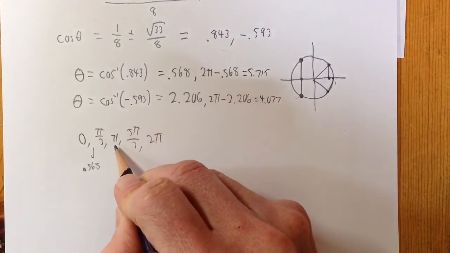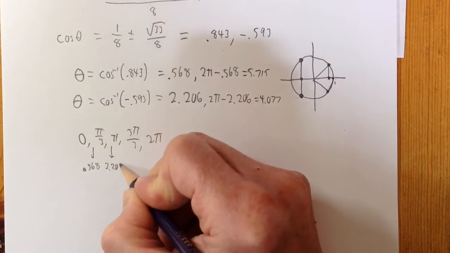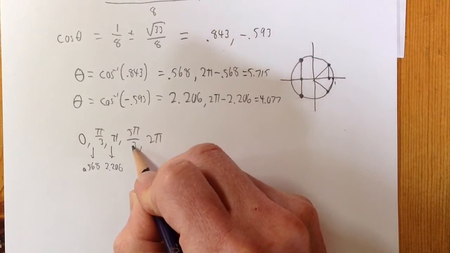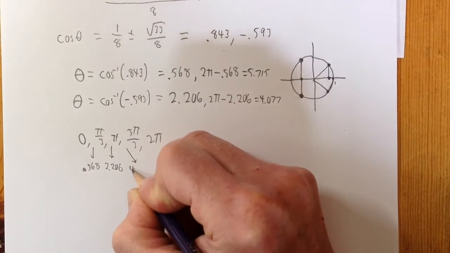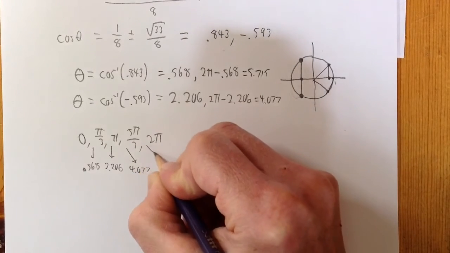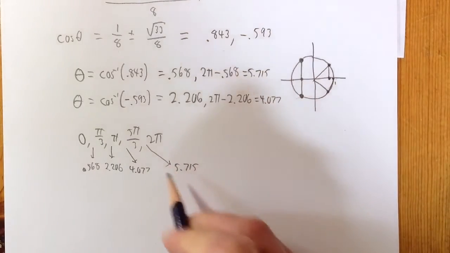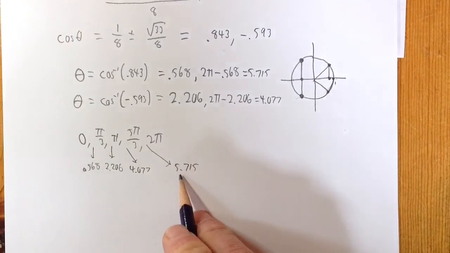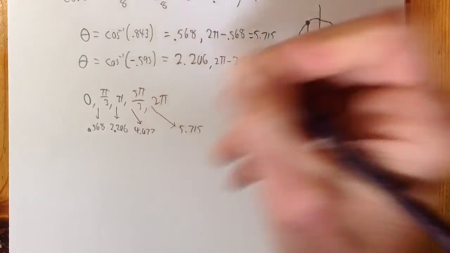Between pi over 3 and pi, that's 2.206. Between pi and 5 pi over 3, that's 4.077, and between those two is 5.715. 2 pi is 6.28, so yeah, that makes sense. So these are the places where it switches over from concave up to concave down.